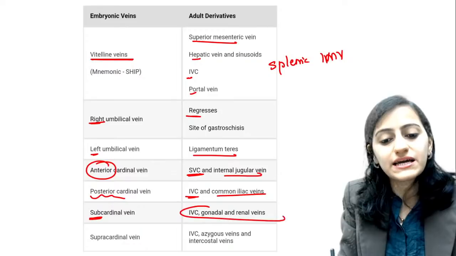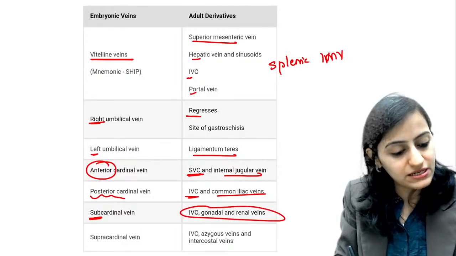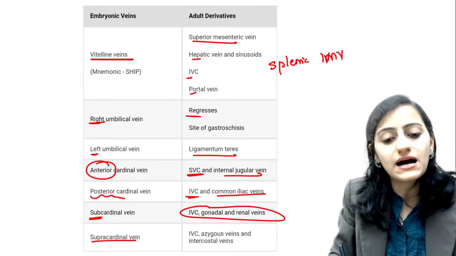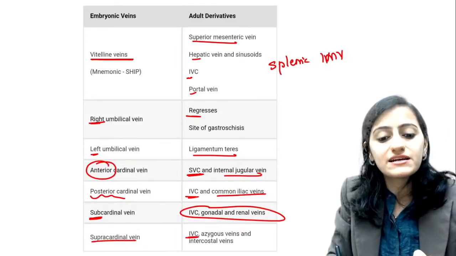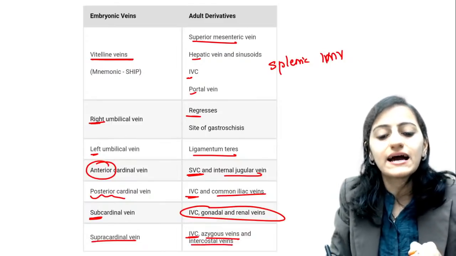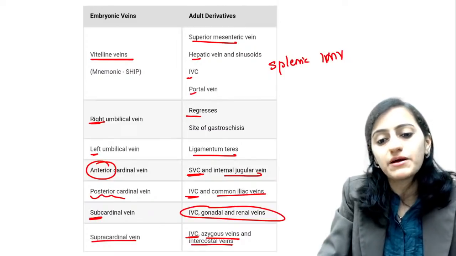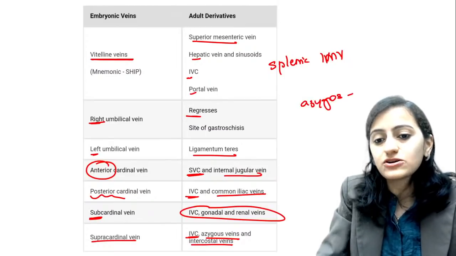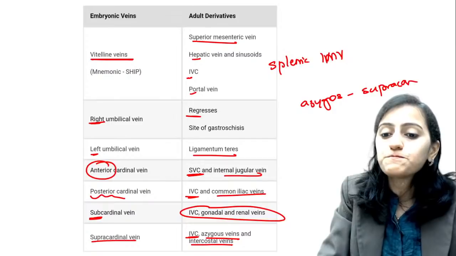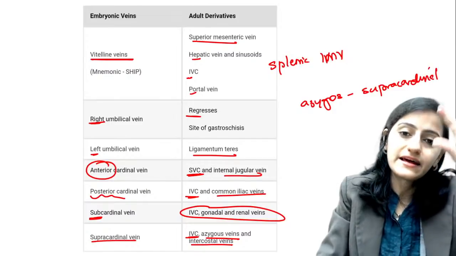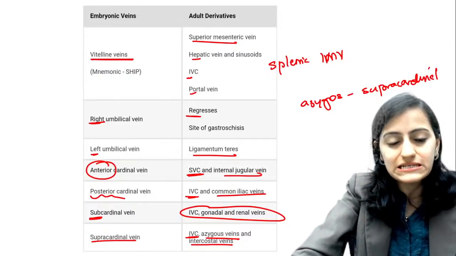Subcardinal, related to the kidney, IVC, gonadal and renal veins. And you have the supracardinal, which forms the infrarenal IVC, the azygos and the intercostal veins. Okay, so remember that azygos has contribution from the supracardinal, and then you have the uppermost, which is the posterior cardinal.